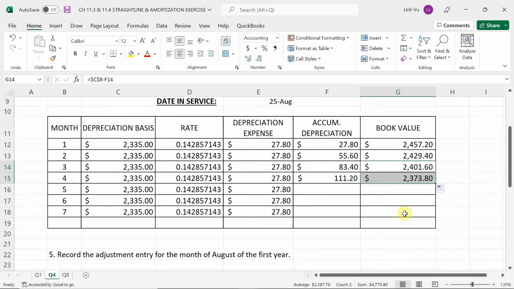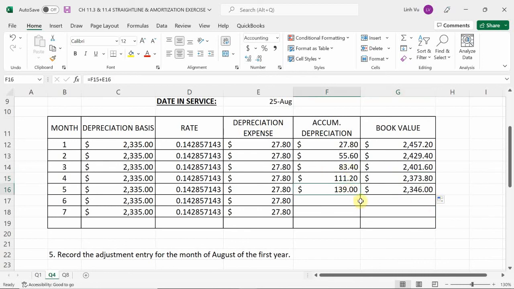Good. So let's finish up the last 3. So what's my accumulated depreciation for the 5th month? $139. So therefore my book value is $2,346.